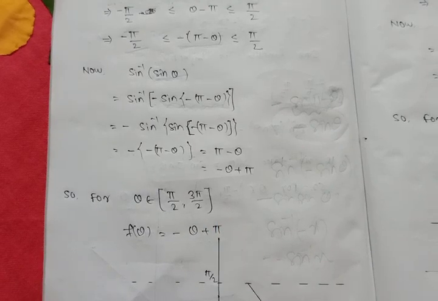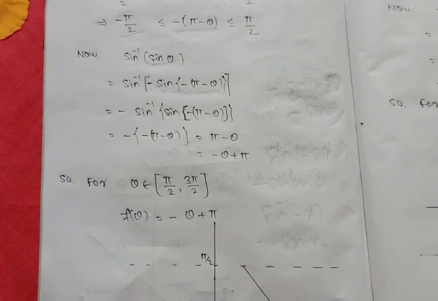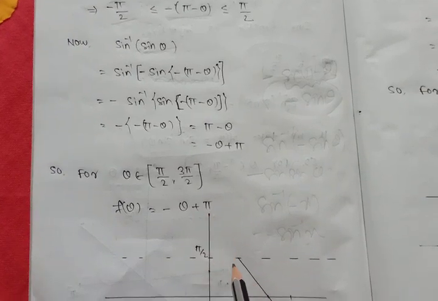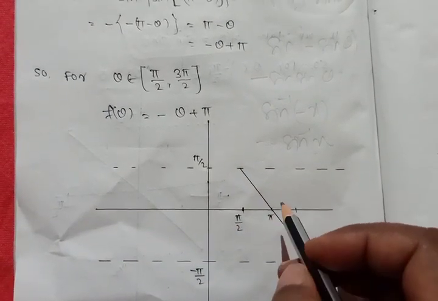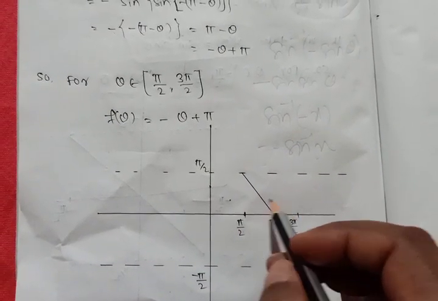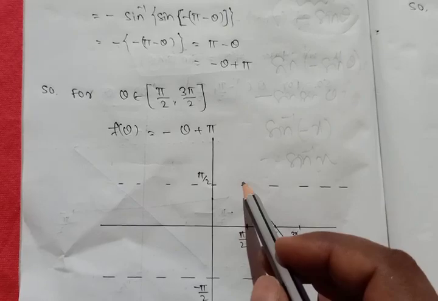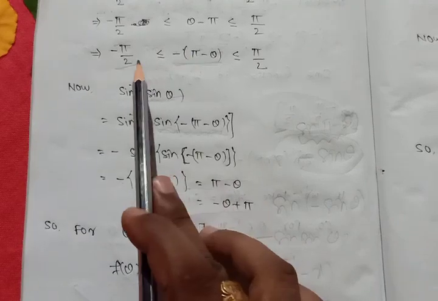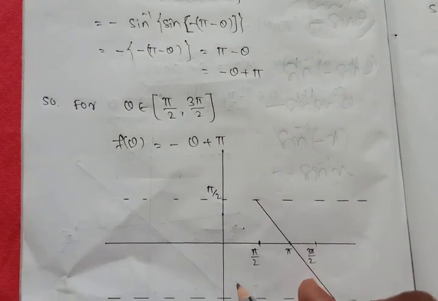In such a case, the straight line has negative slope minus 1, and that will make an angle of 135 degrees with the x-axis, passing through the point (pi, 0). So here it is. If you draw the diagram, it has slope minus 1, or making angle 135 degrees with the x-axis, passing through the point pi. Remember the result is always in between minus pi by 2 and pi by 2, whatever theta you take. That's why I am taking on the y-axis minus pi by 2 and pi by 2.